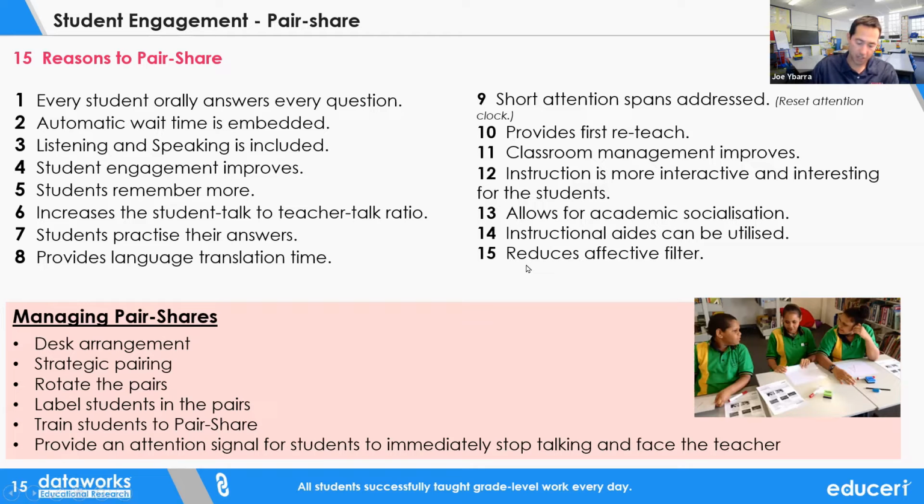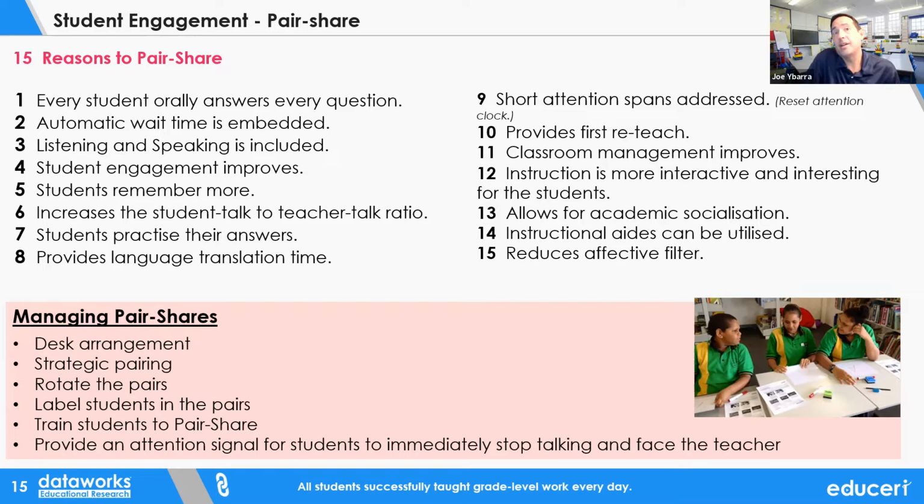And number 15, reduces the affective filter. I don't know if anyone's familiar with this term. An affective filter is when the learner is at such a high level of anxiety, he or she cannot retain information.